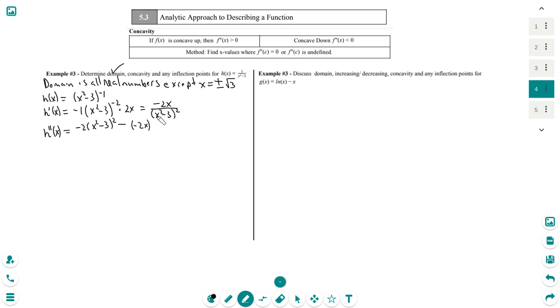So that would be 2 times this quantity to the first power, so 2 times x squared minus 3 to the first power, and then times the derivative of the inside, which is 2x. And then divide by the denominator squared. So this square would be to the fourth power.